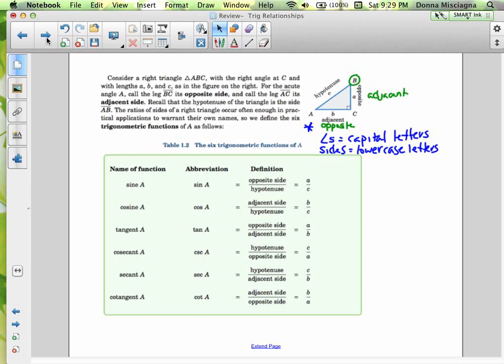So I have A listed and I have B listed. If we switch the angle of reference from A to B, then side AC becomes the opposite side and side BC becomes the adjacent side.